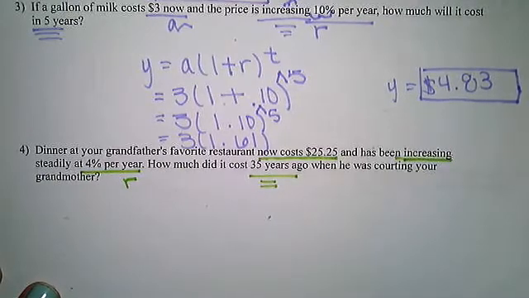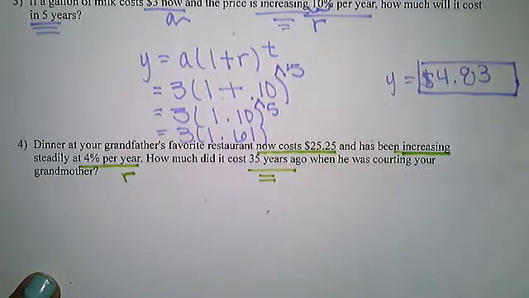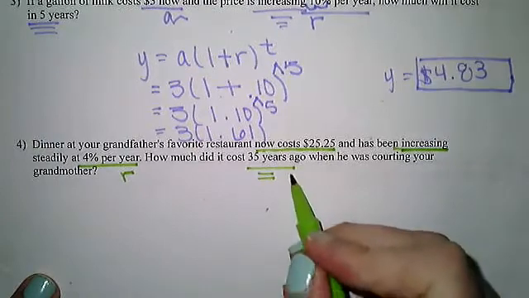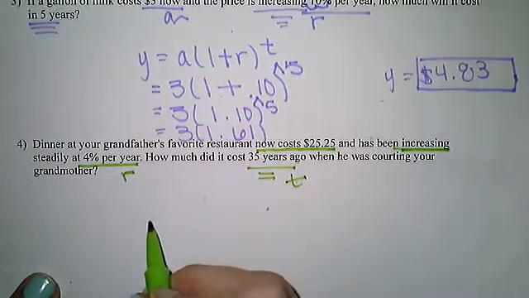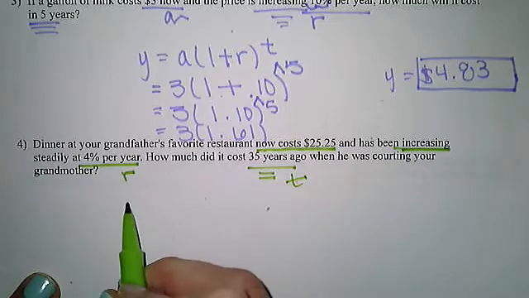All right. So for this one, it's a little bit on the tricky side because it's asking you to go back in time. So you can go ahead and make this the time. And we have increased rate.